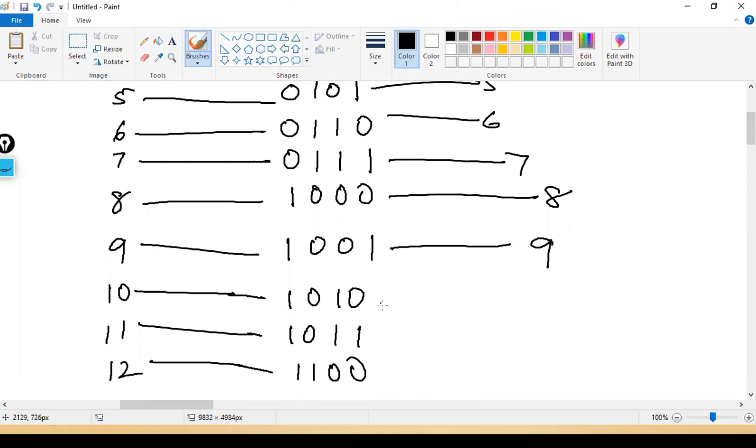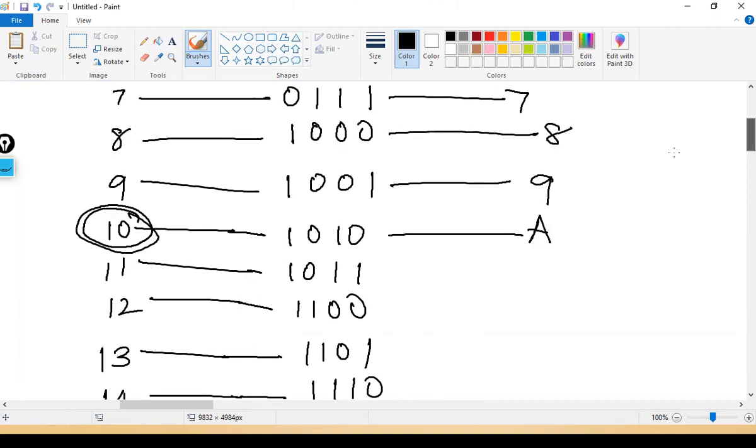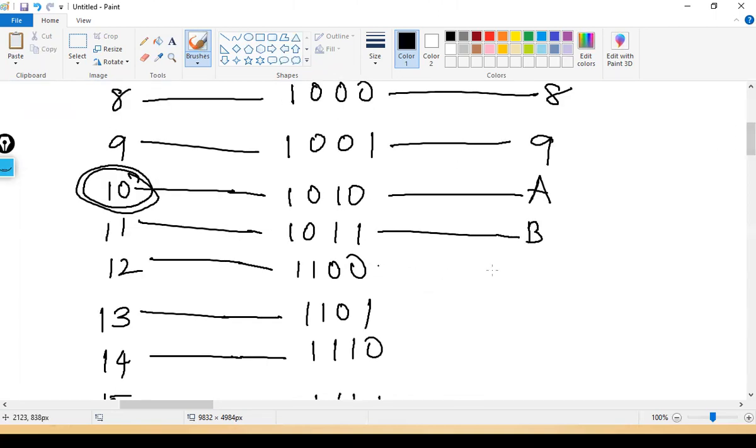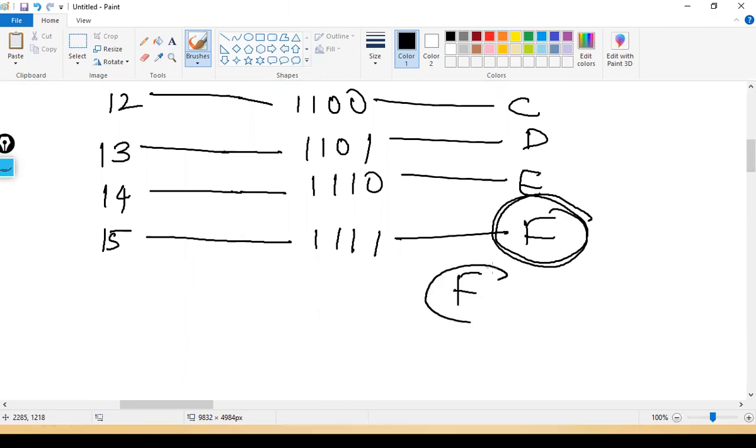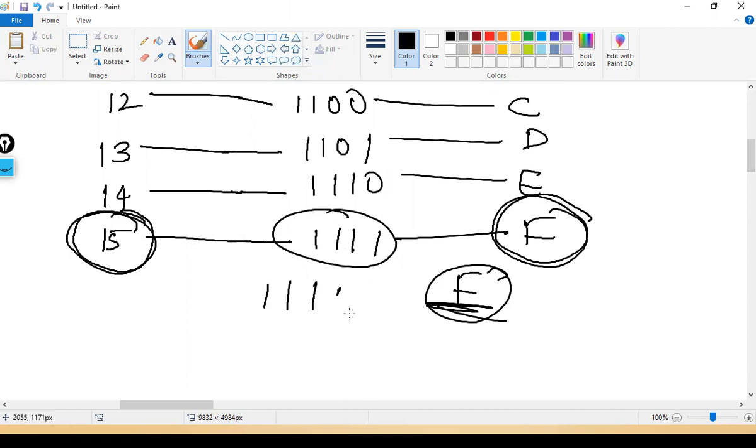And the next value, the value corresponding to 10, is A. Okay, and the next values are B, C, D. Yes, unfortunately I skipped D. So this is E and you have F. If I tell you the value F, in decimal the value is 15, and in binary the value is 1, 1, 1, 1.